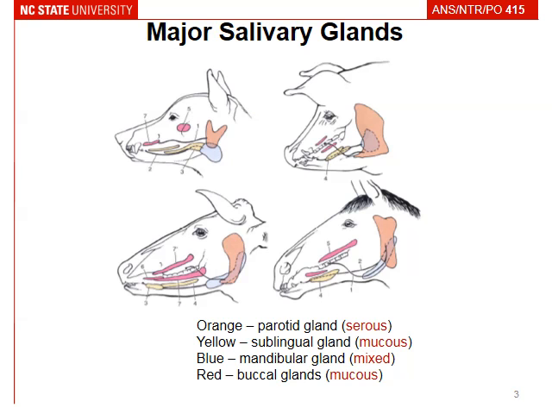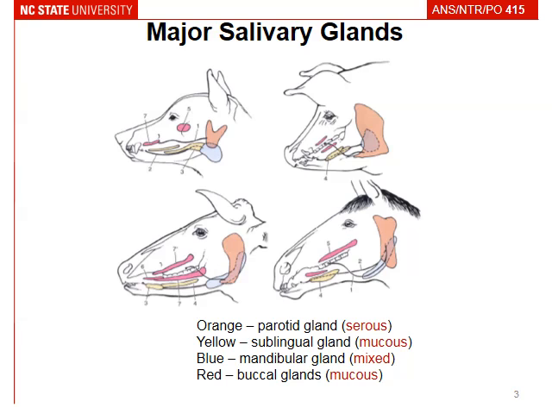So here we have an example of a dog, a pig, a bovine species, and a horse. And you can see how, based off of what the animal mainly consumes, these salivary glands differ. So you can see the orange tannish color, those are the parotid glands, and that's where they're at the back of the mouth.